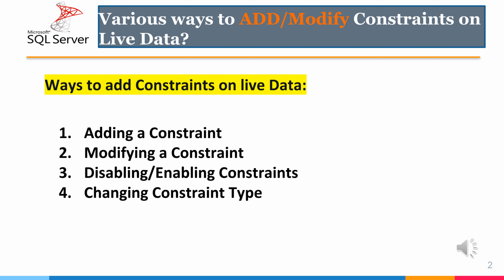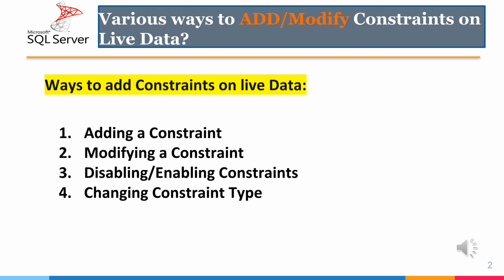Here guys, we will see how to add a constraint on live data. What is the syntax for it? It's a simple ALTER TABLE, table name, ADD CONSTRAINT, constraint name, constraint type, and provide your column name. Here I will use this fruit table to perform the operations on constraints.